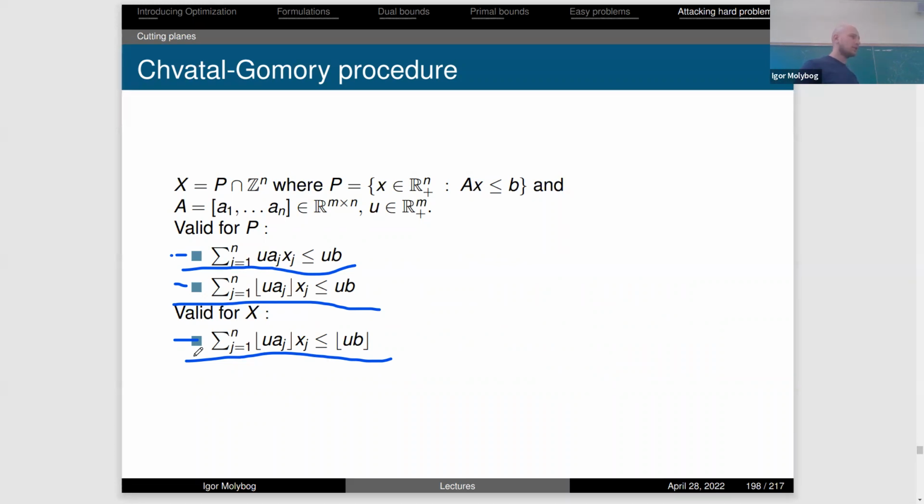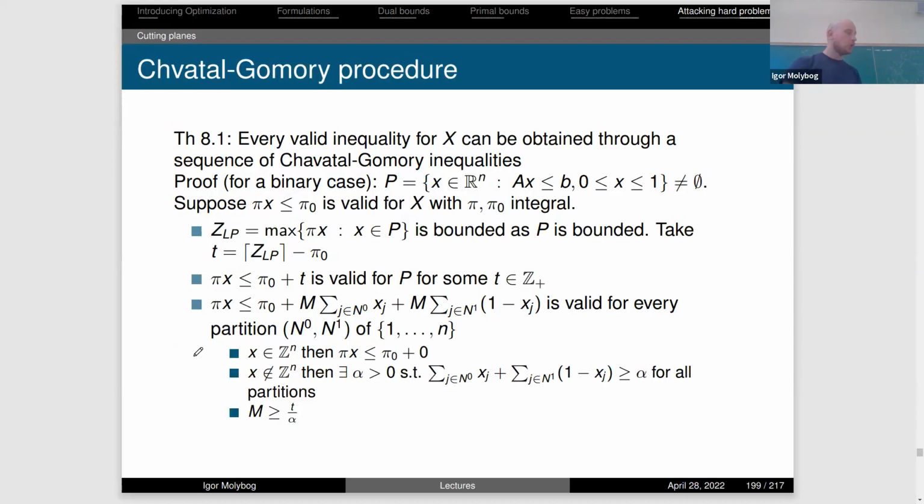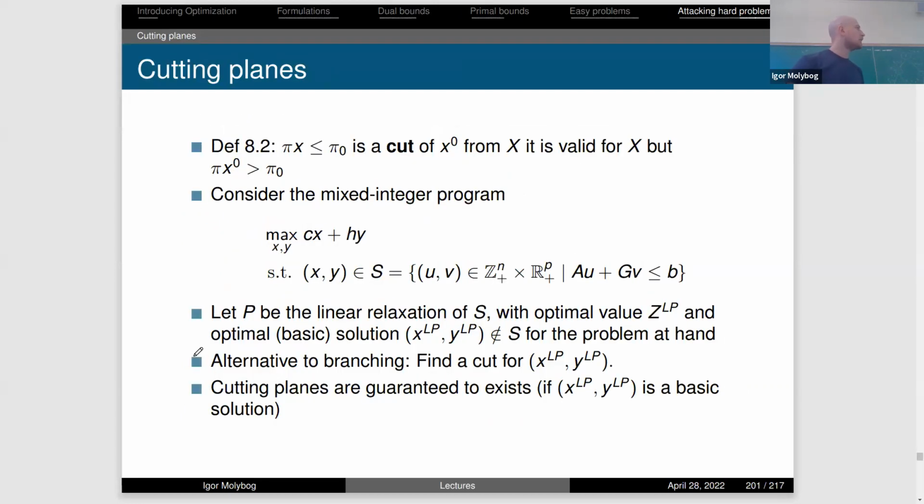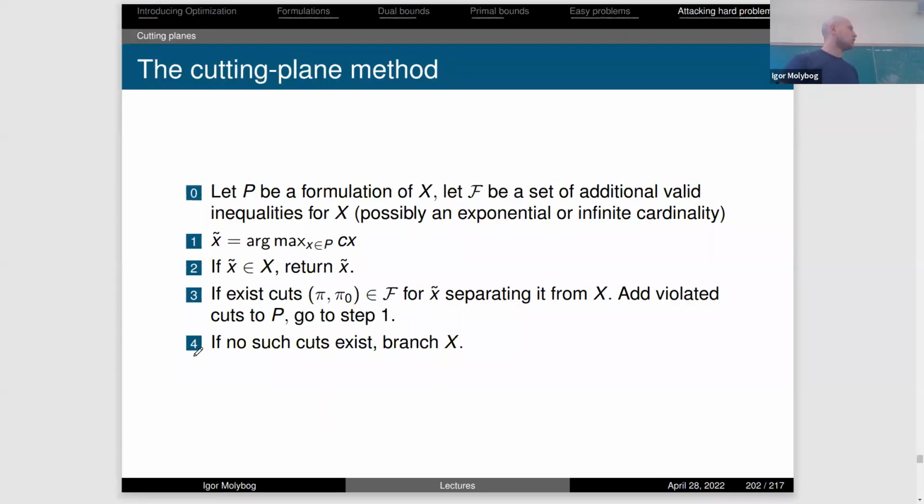And once we have the convex hull, we can just solve the LP, and that will bring us the solution. That gives rise to a new idea of how we can solve IP problems. We can just keep generating valid inequalities until we have constructed the convex hull, and then once we have done that, we definitely will solve the problem.